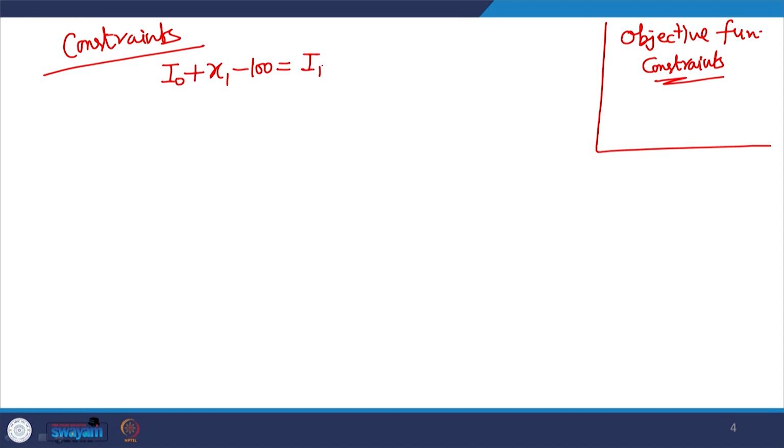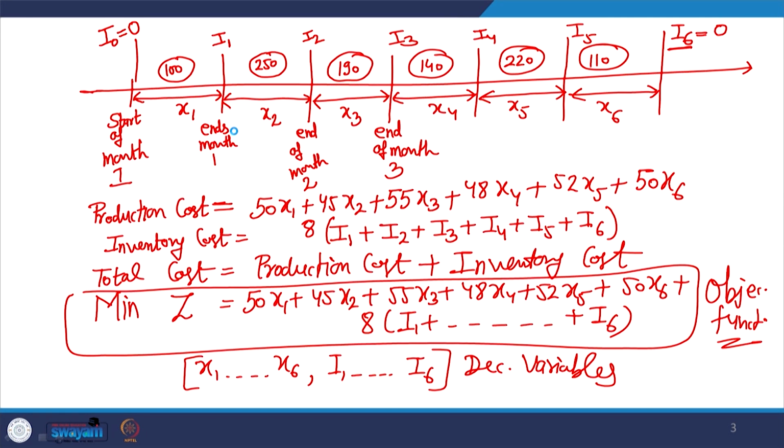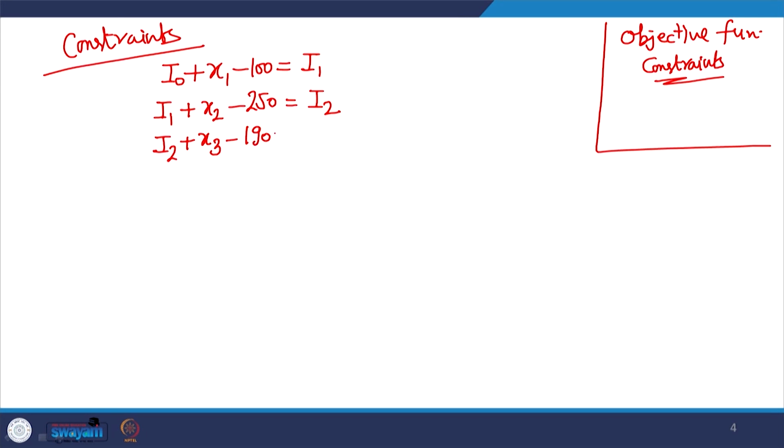Now, when we are starting the second period, I1 is the beginning inventory. You are producing x2 quantities in this period and the demand during this is 250. You are consuming 250 and then you are left with I2 units. In the third period, the beginning inventory is I2, you are producing x3 units, then you have demand of 190 units, and then something is left over, that is I3.